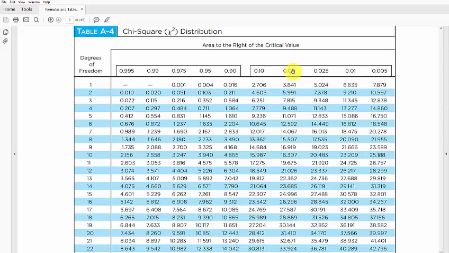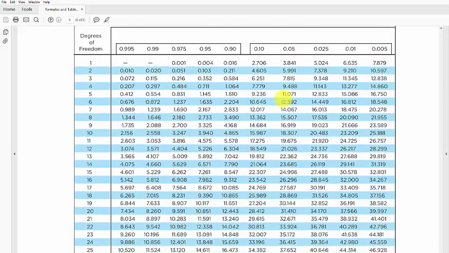So here is the 0.05 column. I want to go down to 26 degrees of freedom. So 26 degrees of freedom is this blue line right here, and make sure that we get the right column. So it's 38.885.